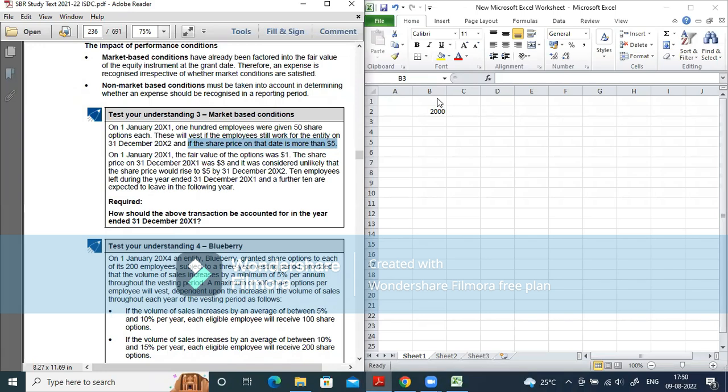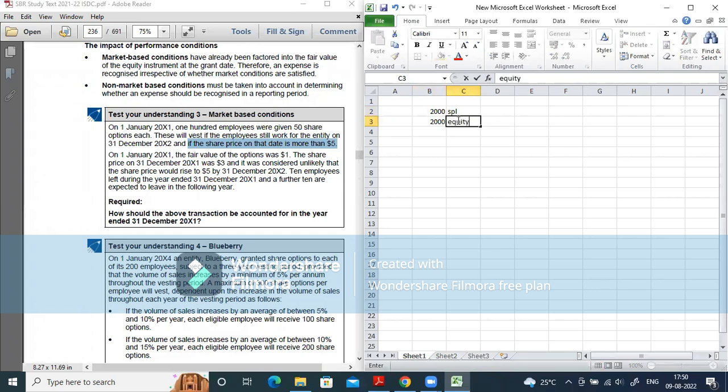So this 2000 will be shown in the statement of profit or loss, and the same 2000 will be accounted as equity. Exactly. When you are computing the fair value of this option as $1, this market condition is already factored in.